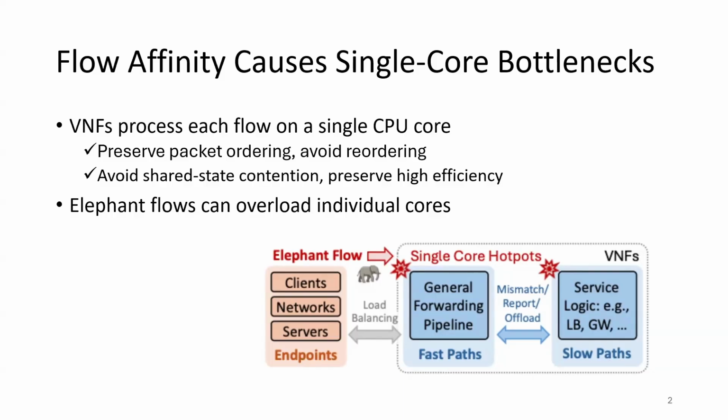Since many VNFs maintain per-flow or per-session state, concurrent accesses from multiple cores may introduce synchronization overhead. However, this design has a downside. When traffic is scaled, especially with elephant flows, one core can become overloaded while other cores remain underutilized. This creates single core hotspots.